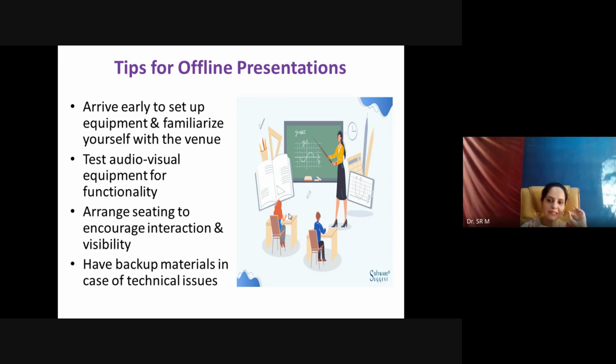Ensure that all attendees have clear sight lines to the presenter and the presentation materials. Please avoid obstructing views with large podiums or equipment, and try to prioritize accessibility for individuals, especially with mobility impairments. Even they must be able to view and listen.